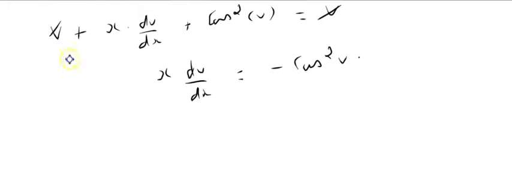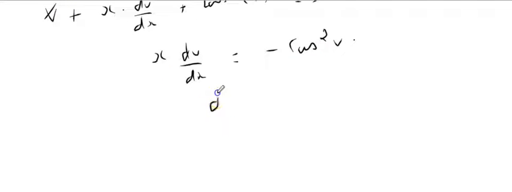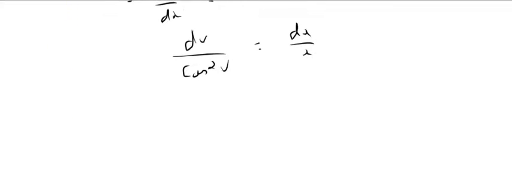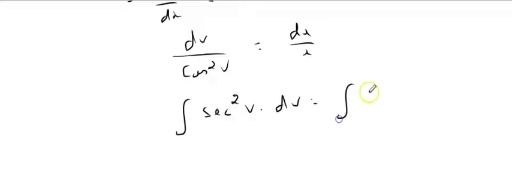Now separating the variables, dv/cos²v = -dx/x. Now I can rewrite this as the integration of sec²v dv, because we know 1/cos² is nothing but sec², equal to the integration of -dx/x.